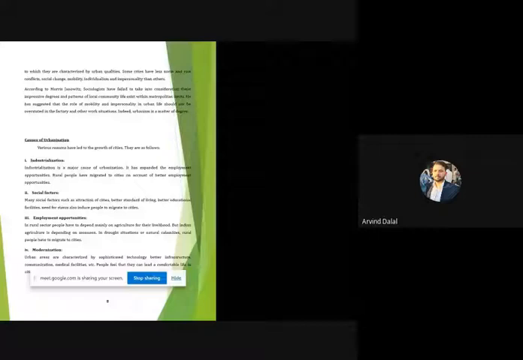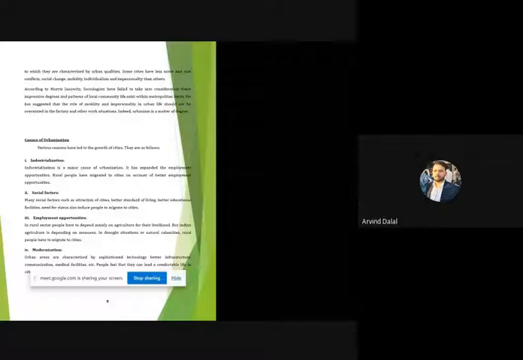In rural areas also, people want to drive a big car and live a fashionable life. And the next one is employment opportunities.